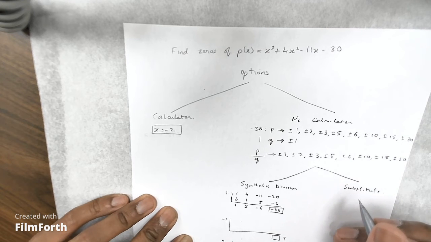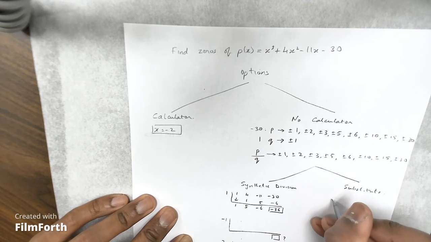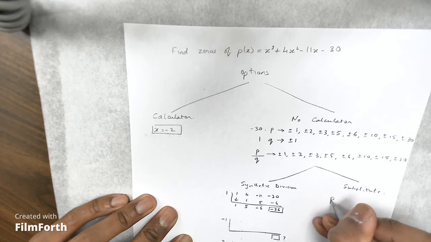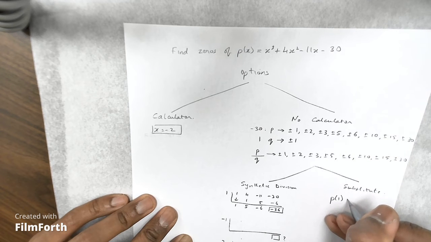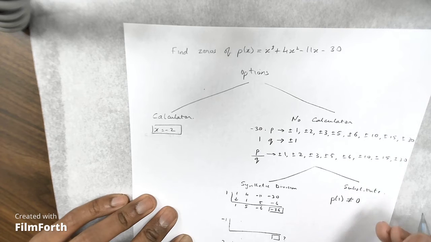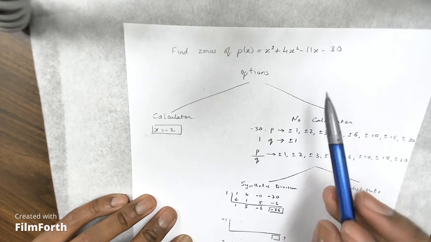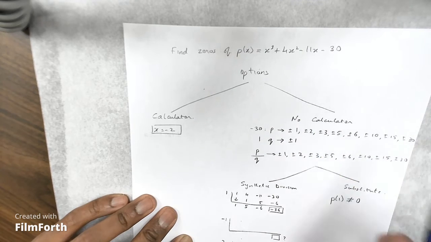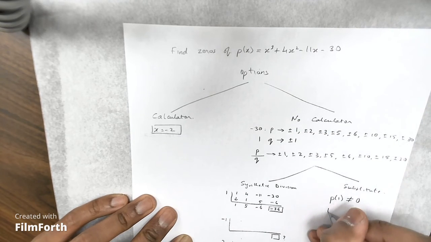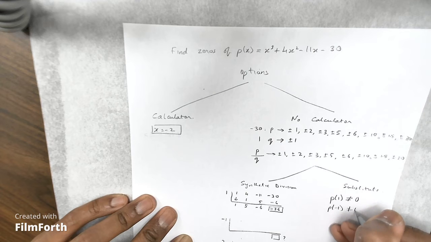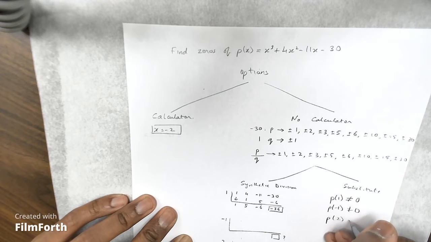Or we can substitute. With substitution, you are checking, is P of 1 equal to 0? You are substituting 1 for x, and that's not 0. P of -1, not 0. P of 2, not 0.